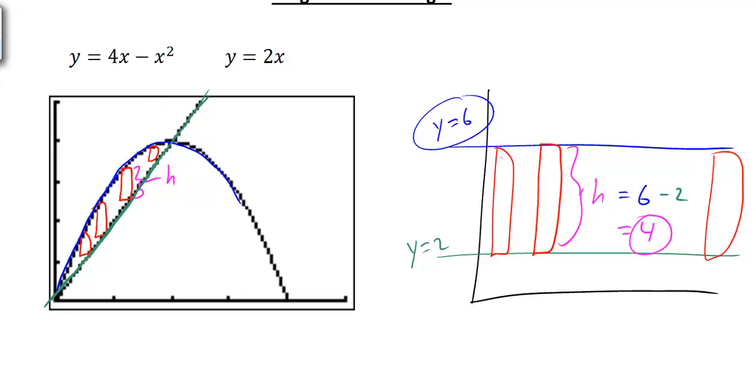So what we want to do is the same thing we did over here. We want to calculate the height by taking the top function, just like we did with the 6, but our top function over here is 4x minus x squared. And we're going to subtract away the bottom function, which is the 2x.